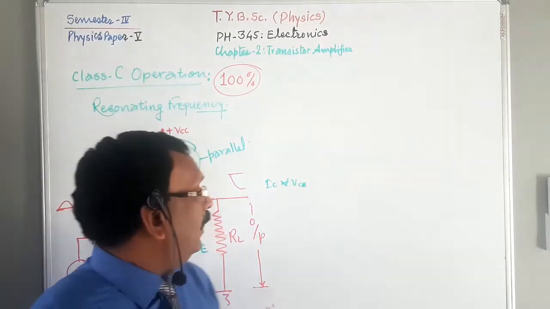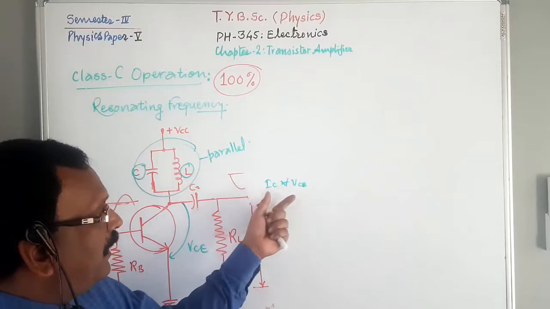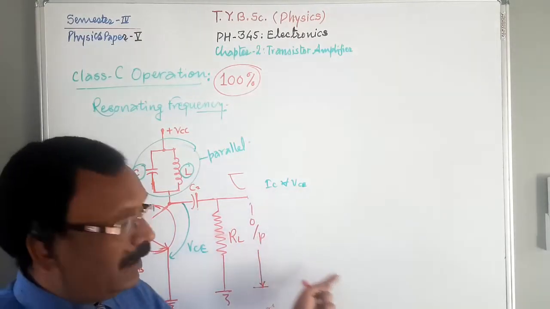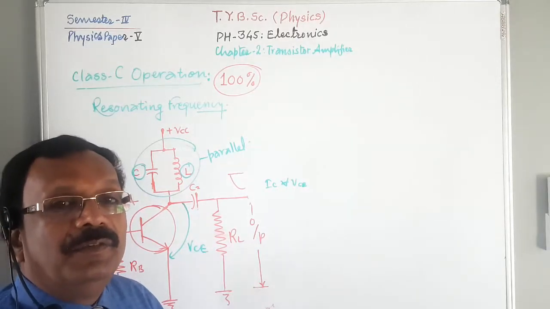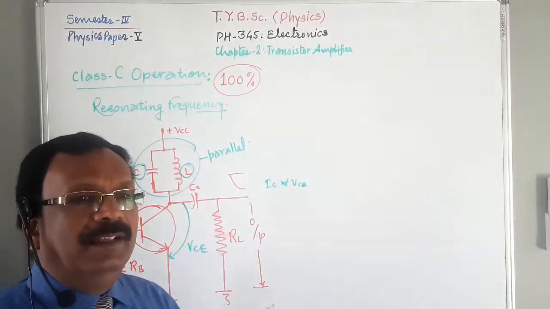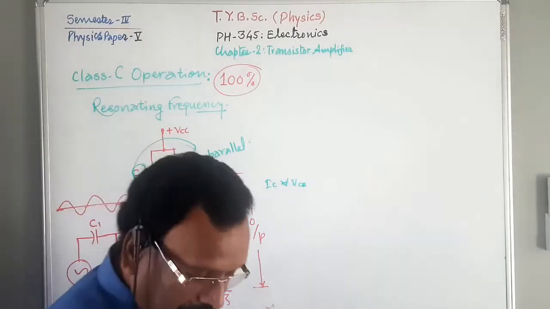Then from these readings, take VC along the X axis and IC along the Y axis, and you will get the DC load line and AC load line.